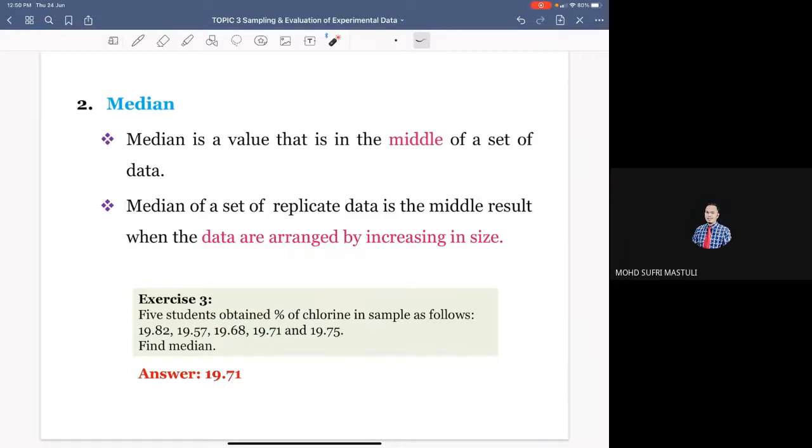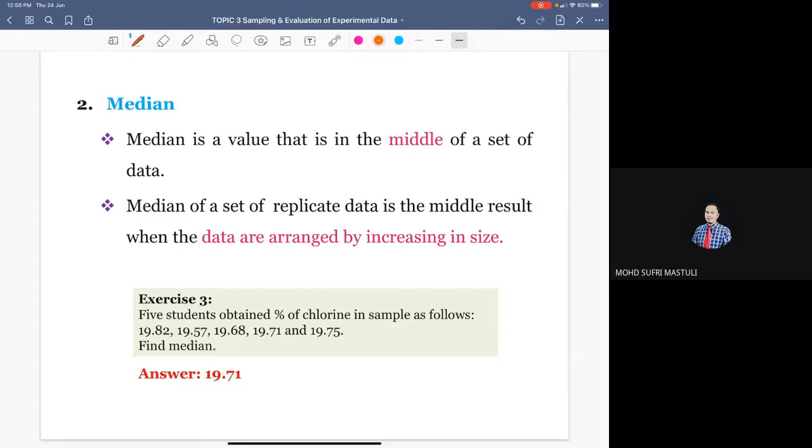Again, same example, 5 students obtain a percentage of chlorine, 5 results. So find the median. You have to arrange these values in increasing order, from the lowest to the highest.